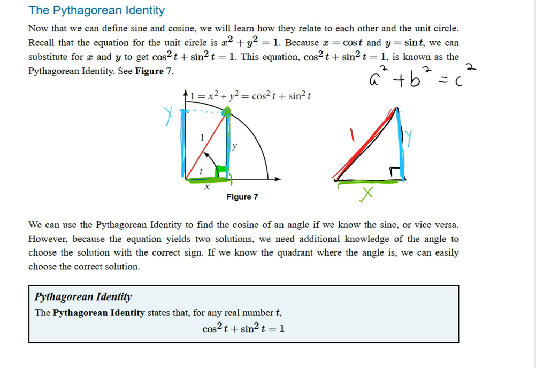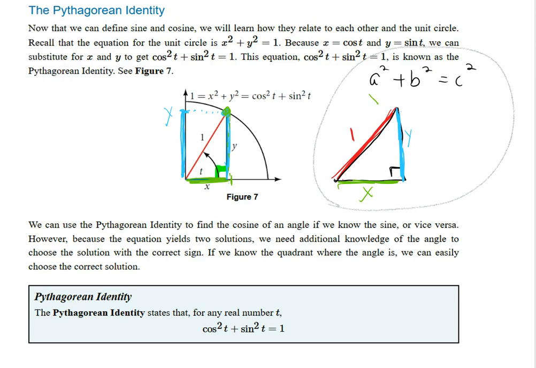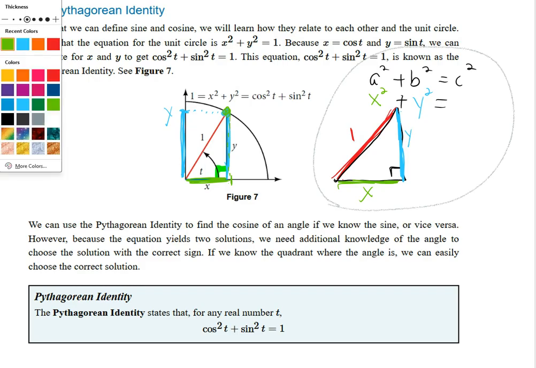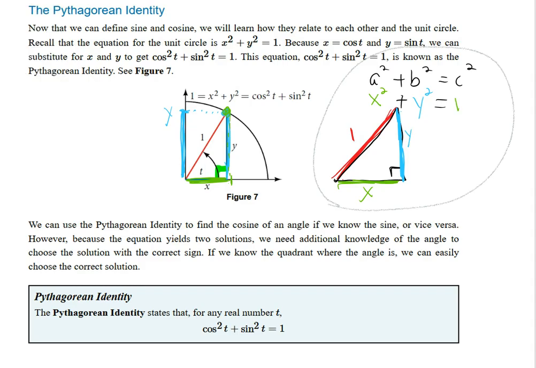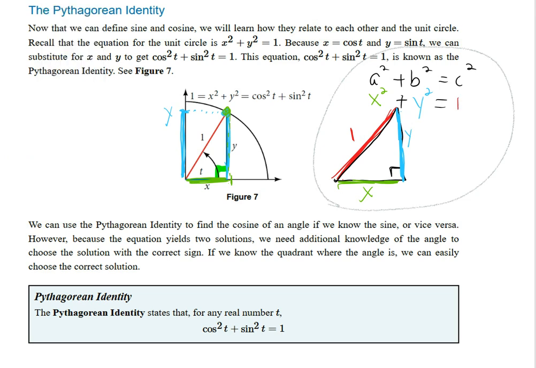And in this triangle here, it doesn't really matter what order they're in, but I would say x squared plus my other leg, y squared, equals the hypotenuse squared, which is 1 squared, but 1 squared is just 1.